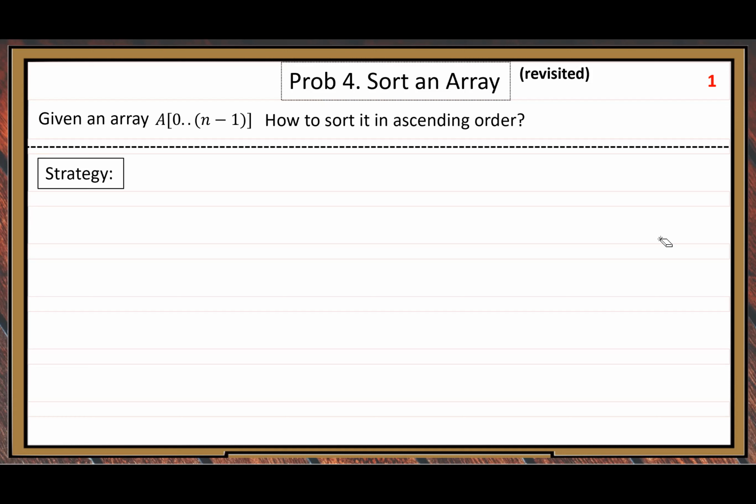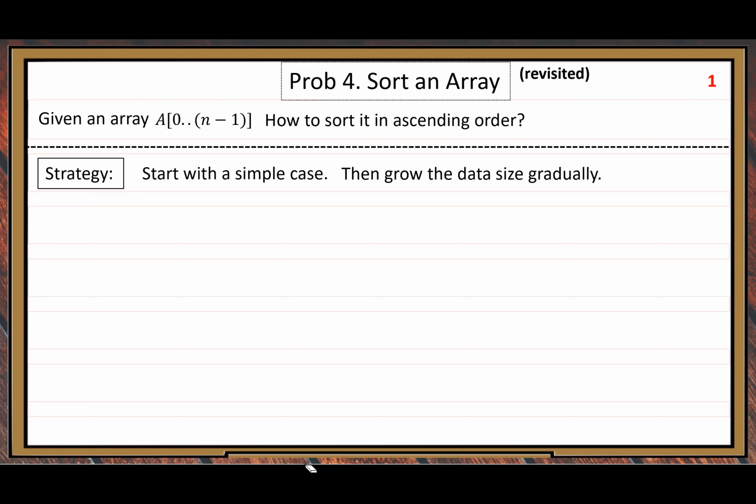So we apply our old strategy. We use this strategy many times before. Start with a simple case. All right, so now when we start, we consider the data size very small.